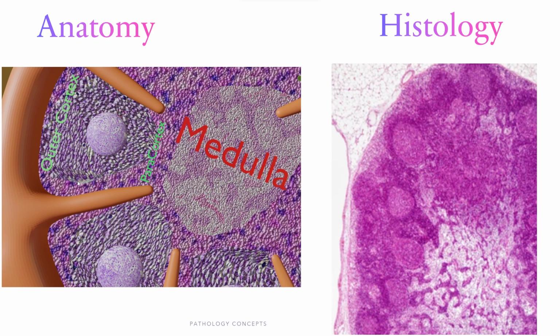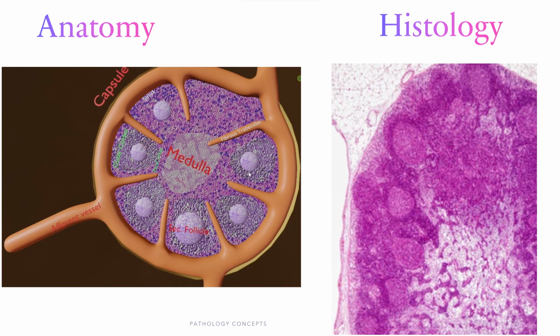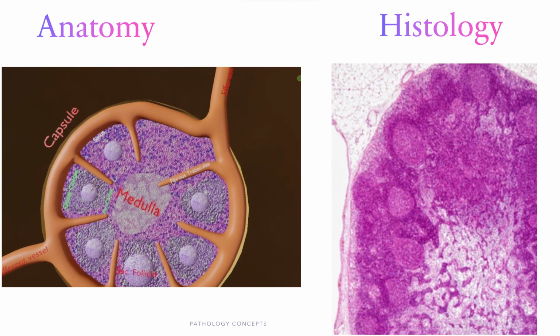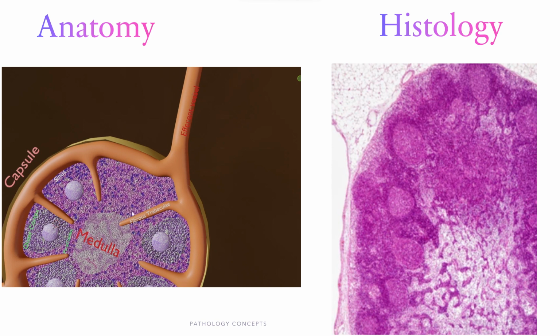The medullary sinuses are the terminal continuation of the peripherally located cortical sinuses and they eventually culminate in the hilum of the lymph node to form the efferent lymphatic vessels. So these are the efferent vessels. From here the lymph flows through the valve through efferent vessels.